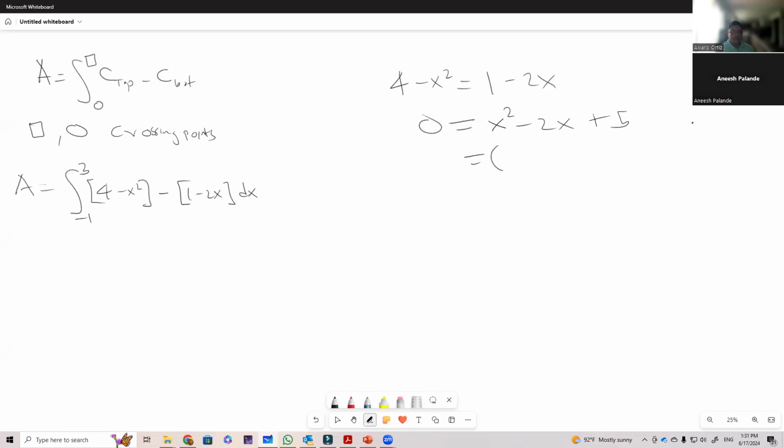You can initially try to factor with two numbers such that the multiplication gives you 5, which is not a lot. It's just 5 and 1, since 5 is a prime number. So this does not look like it's going to work out, because 5 and 1 under no combination are going to give me this minus 2. So I'm going to have to just use the quadratic formula here.